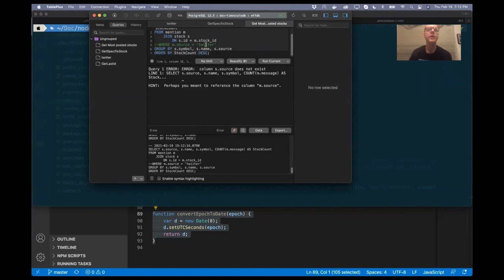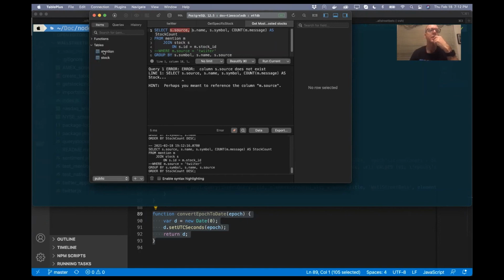What did I screw up here? I'm grouping by source name. Oh, I got source. Column does not exist. Let's take a look at it.